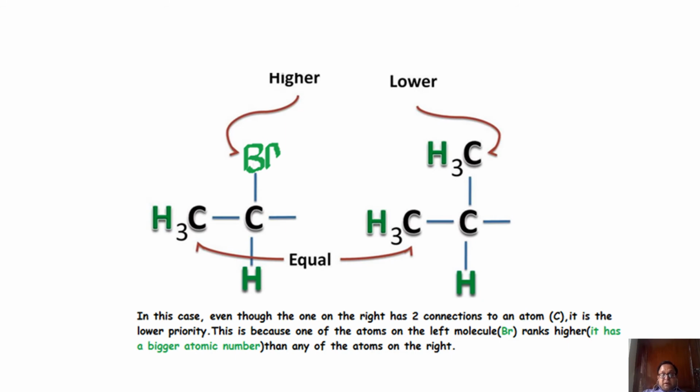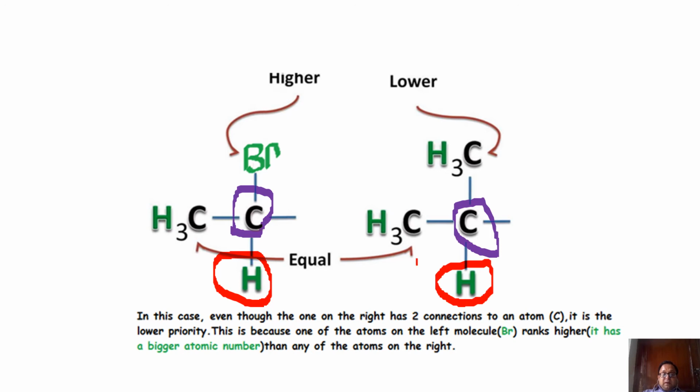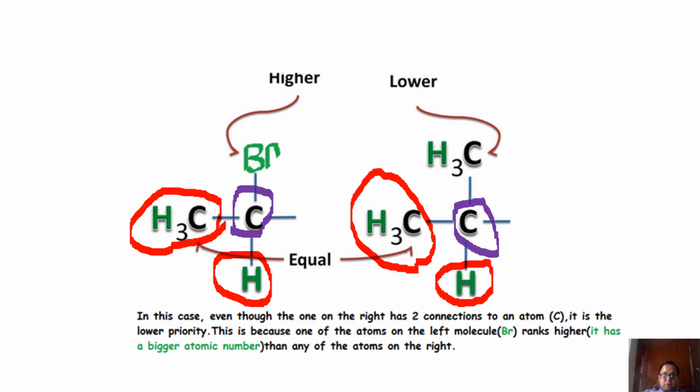See one more case. We have to focus on this carbon and this carbon. See, here the first substituent is hydrogen, similar. Again here the second substituent is methyl, here is the methyl, it's also similar. So till now the molecule is similar.